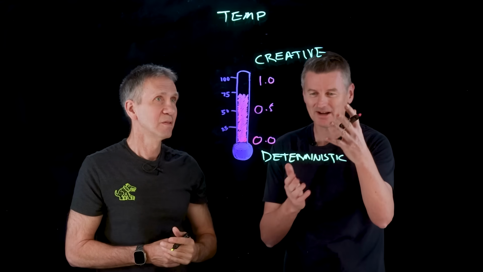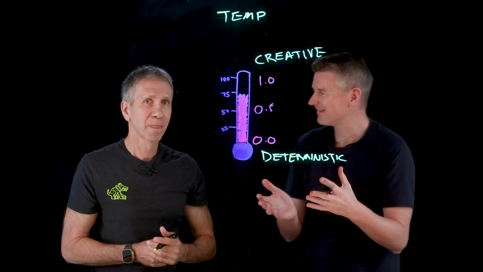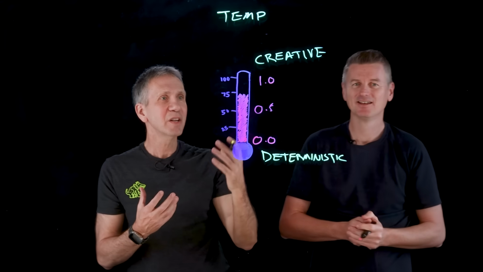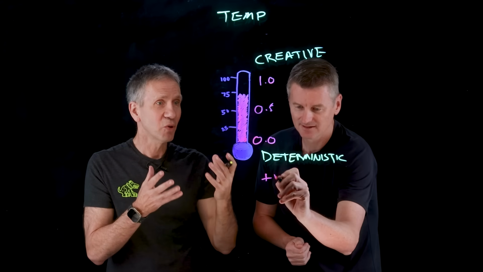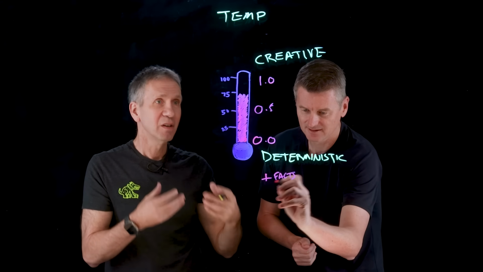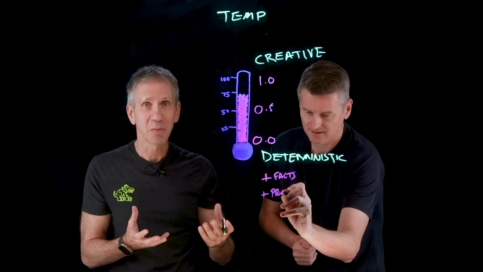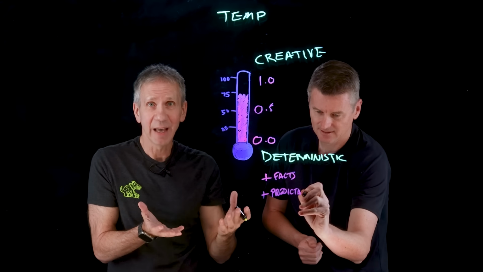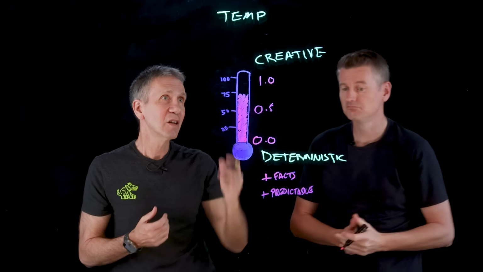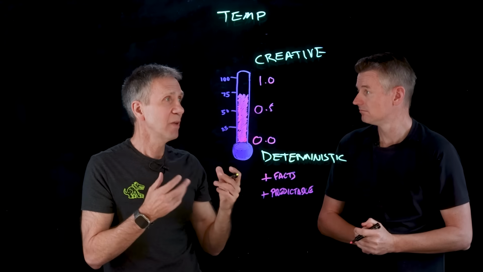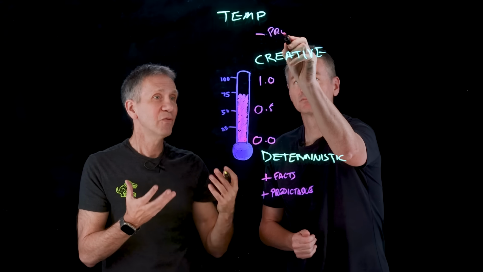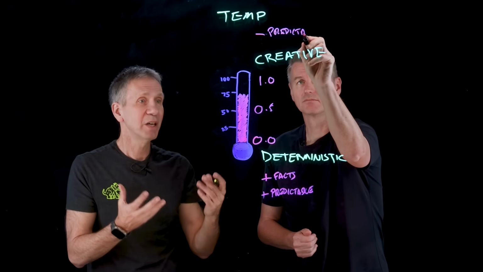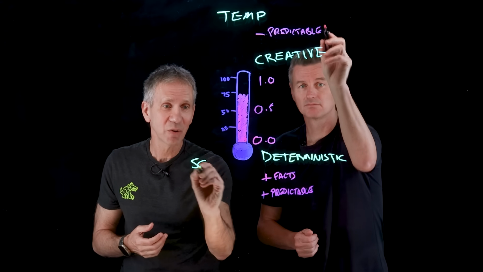So if I have more creative answers or more deterministic answers, what does that actually mean? Yeah, so think about the deterministic is going to be more factual, it's going to be more consistent, more predictable. It's going to be in some ways more reliable. And at times that is exactly what we want. In other cases on the creative though, we might want something that's less predictable, something that's more varied. And in fact, good examples of this might be, am I asking a science question?